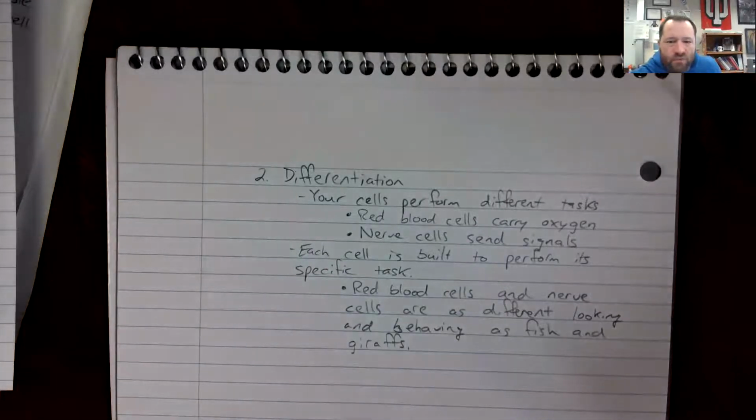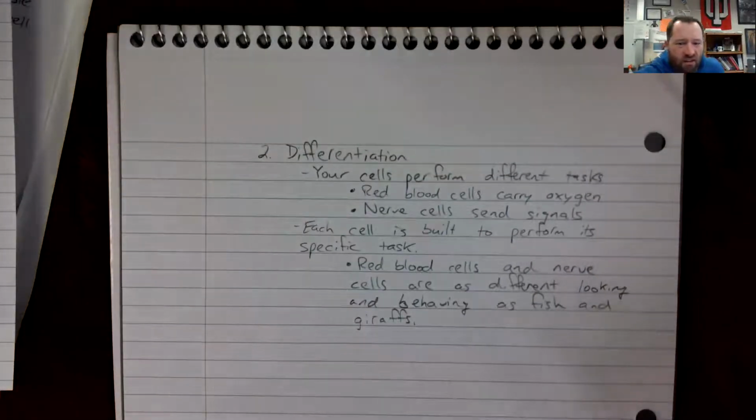Red blood cells and nerve cells are as different looking and different behaving as fish and giraffes.